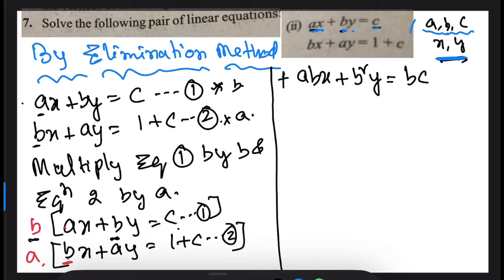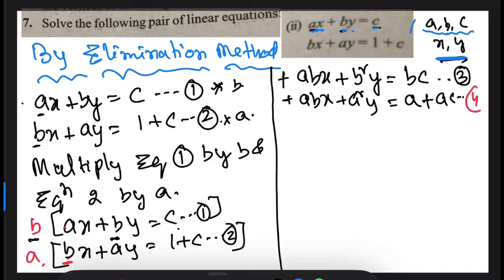Then the second equation: plus into plus is plus, a into b is abx, and plus into plus is plus, a into a is a square y, equals 1 into a is a, and plus into plus is plus, a into c is ac. This has become our third equation, and this is our fourth equation.